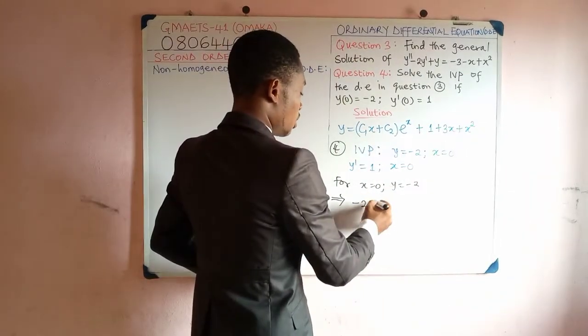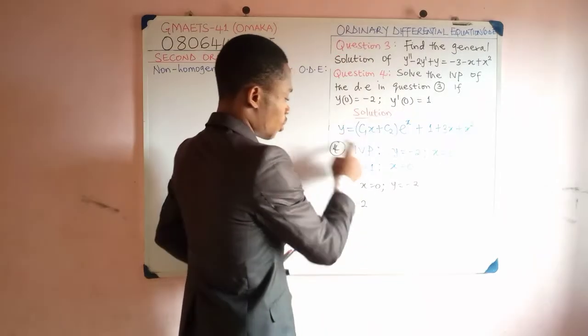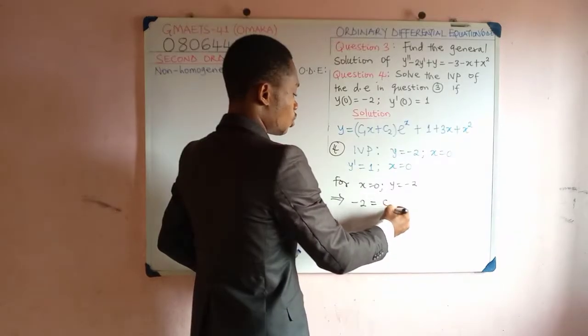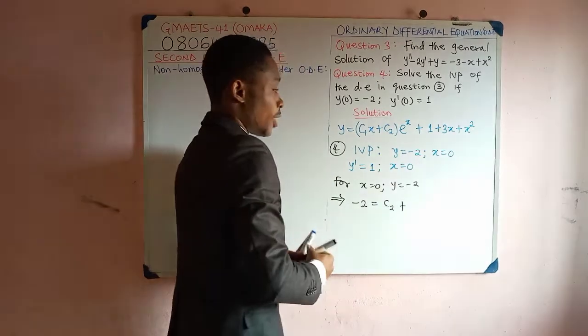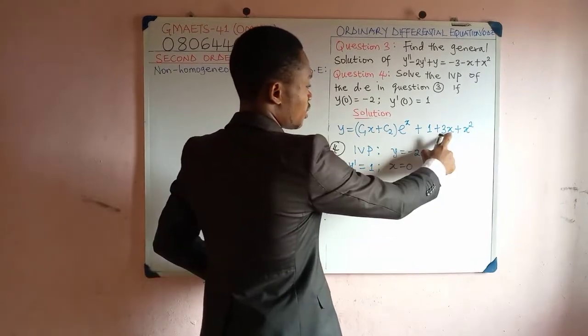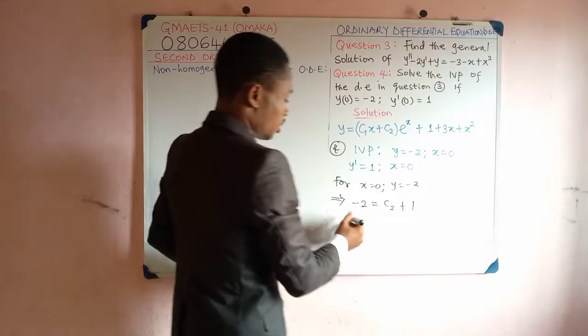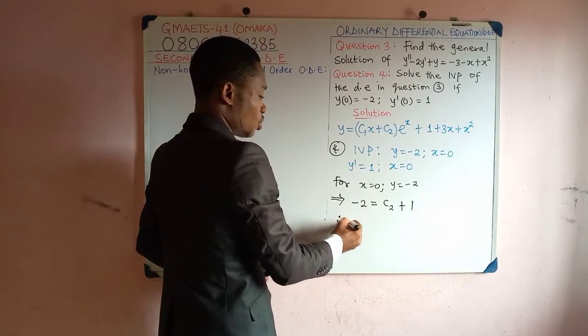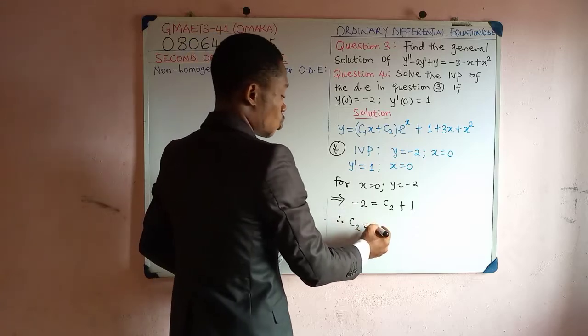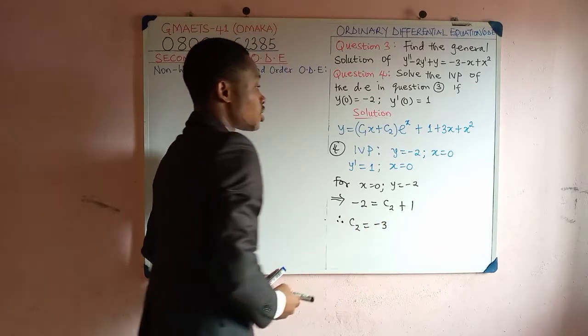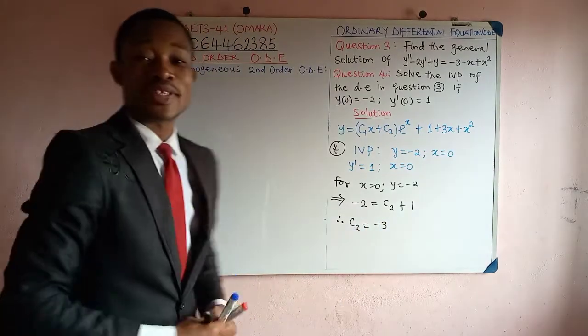So this is going to be minus 2 equals C2, then plus 1, fixing 0 here, it goes off. You will see that C2 is equal to minus 2 minus 1, which is minus 3. So we have obtained the value of C2.